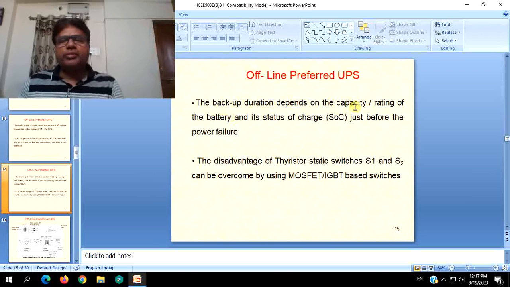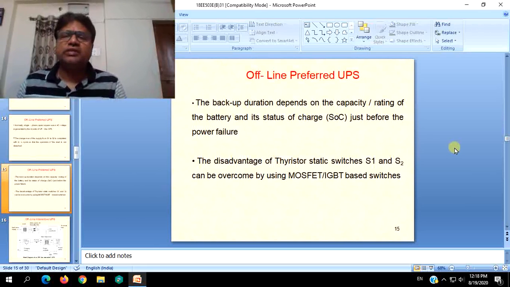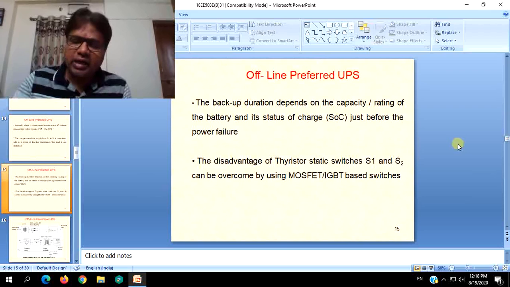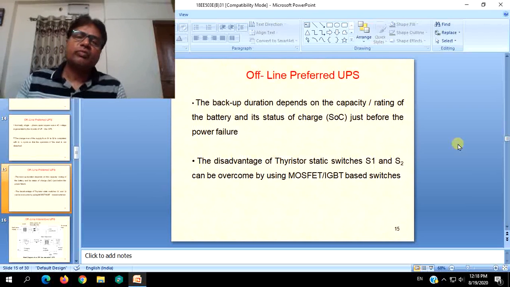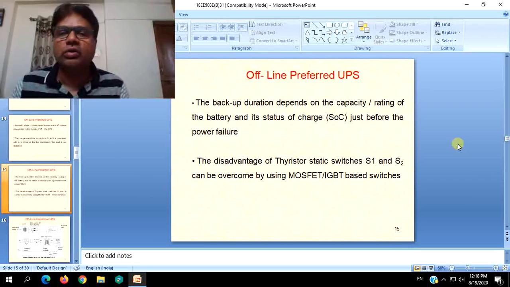The backup duration depends on the capacity or rating of the battery and the state of charge, SOC, just before the power failure. Again, this is one of the most important things which we have to keep in mind: if there are continuous failures from the power supply, the battery will be discharging to the load, and it may happen that at some instant, if the supply source fails, the battery may not be holding sufficient charge and voltage to run the loads.